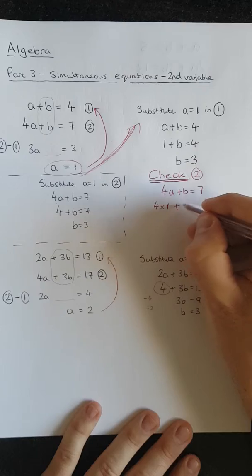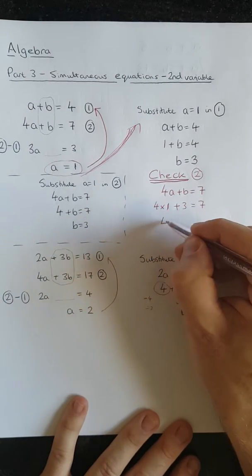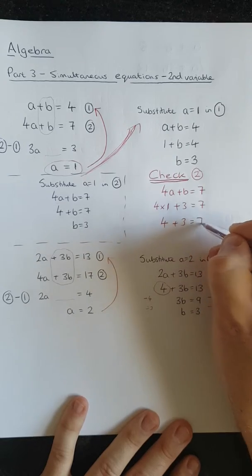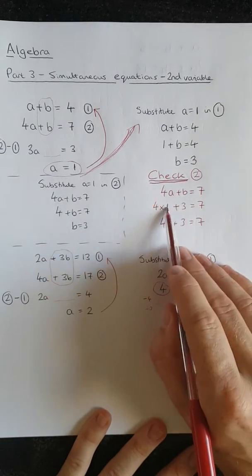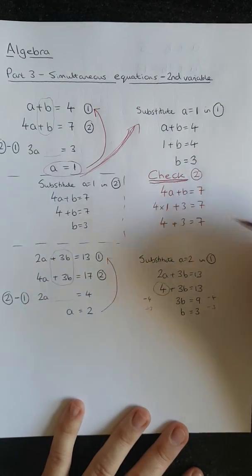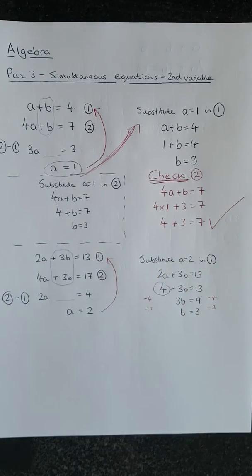And b is 3, so it's plus 3. So let me just check, that's 4, add 3, and it's supposed to make 7, which it does. So when I substitute the two values in, I get the answer I had to get. So that is correct. So my question is definitely done right. 3 or 4 marks in the bag, smashed it.